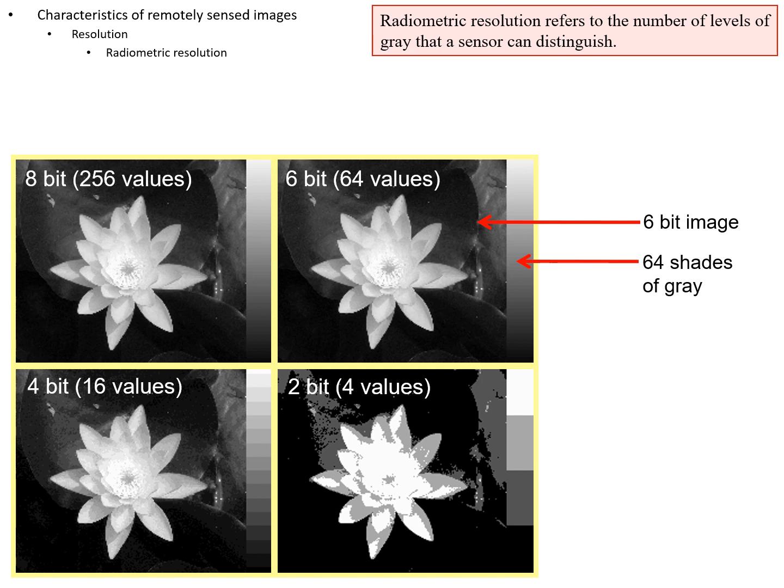And then we talk about radiometric resolution. So these are the number of values that we can record for an image. The more values you can record, the better distinctions you can make from various shades of gray.